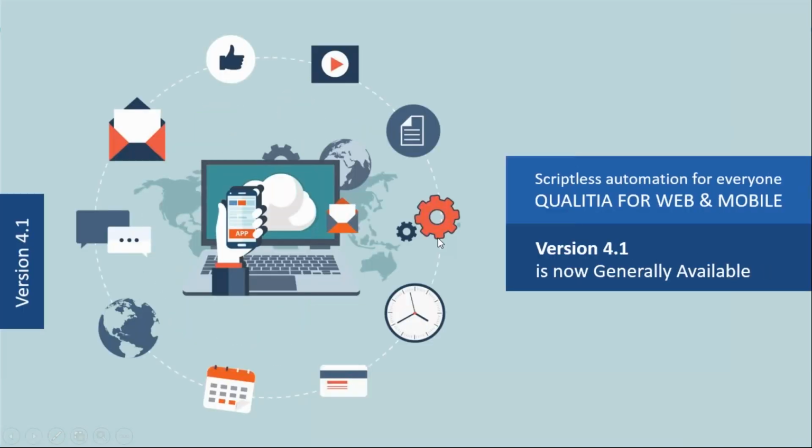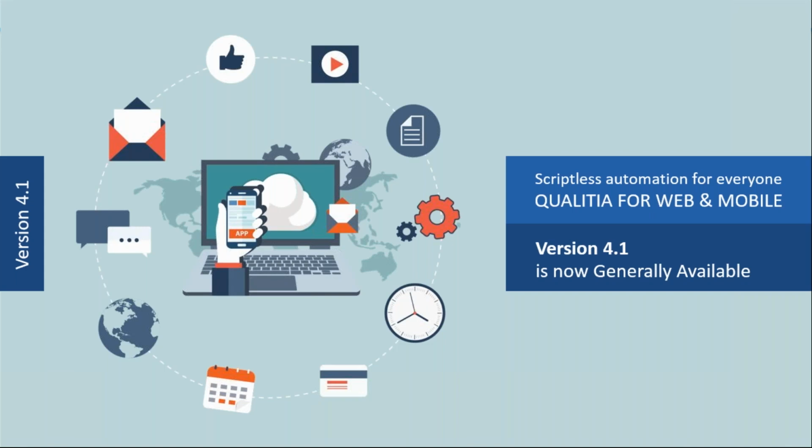As you all know, most of you are probably Kulesia users already. As you all know, Kulesia offers powerful scriptless automation for everyone. And that same capability has now been extended for mobile automation with our latest release 4.1, which is now generally available.